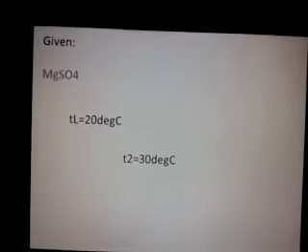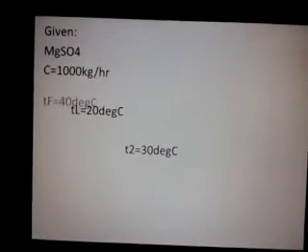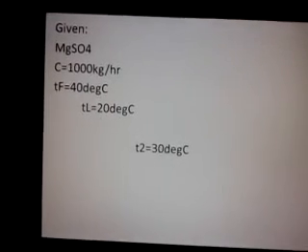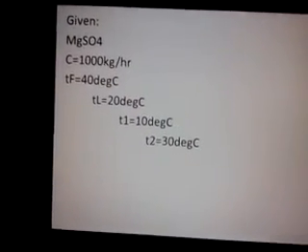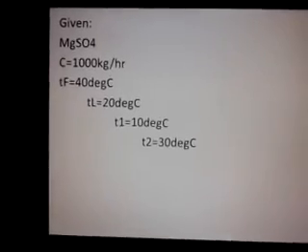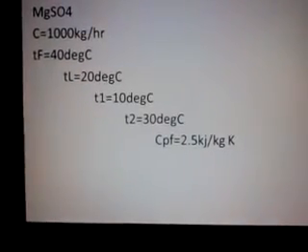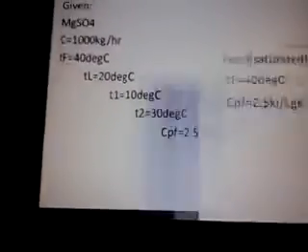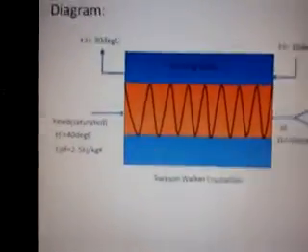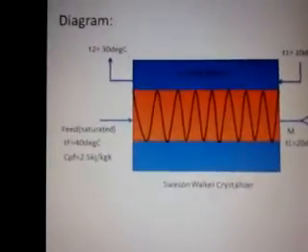So the givens are: C is 1000 kilogram, TF is equal to 40 degrees Celsius, T1 is equal to 10 degrees Celsius, and T2 is equal to 30 degrees Celsius. And CPF is given also, 2.5 kJ per kilogram Kelvin. So this is the diagram for the Swenson Walker crystallizer.